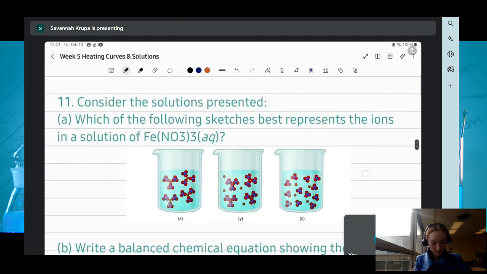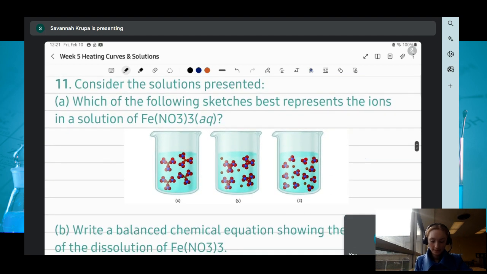Okay. So this one says, consider the solutions presented. Which of the following sketches best represents the ions in a solution of iron nitrate aqueous? So in this compound, we have iron and we have 3 nitrates.